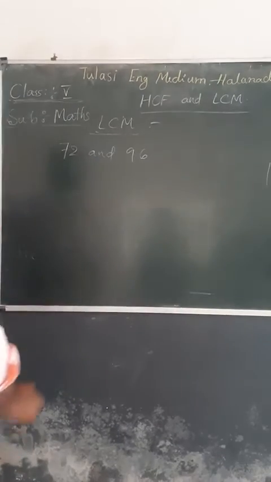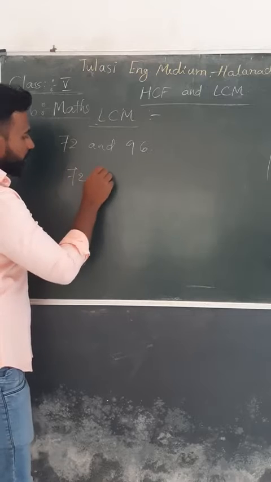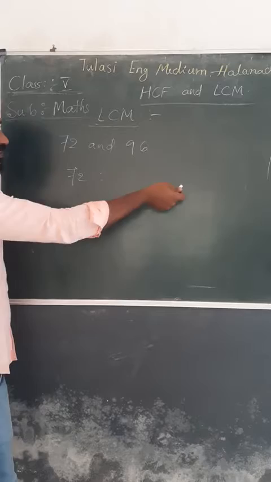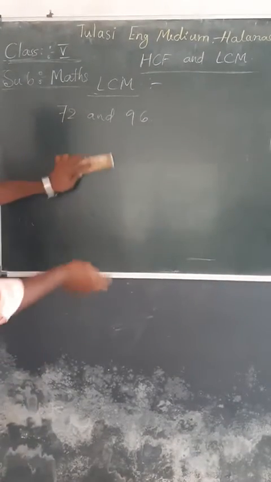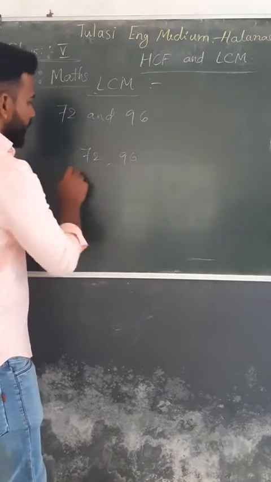You have to find the least common multiple. Common multiples of 72: you have to multiply 72 once, twice, thrice in that way. Or, 72 and 96.